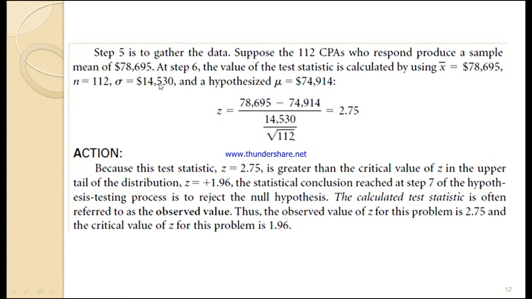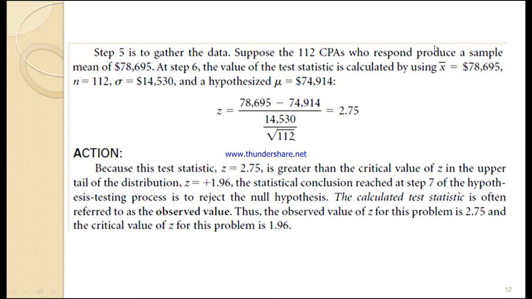In our case, assume that from the gathered sample data, sigma is determined to be 14,513. Therefore, Z is calculated as Z equals x bar minus mu, all over sigma divided by the square root of n. Let us substitute these figures in the formula.